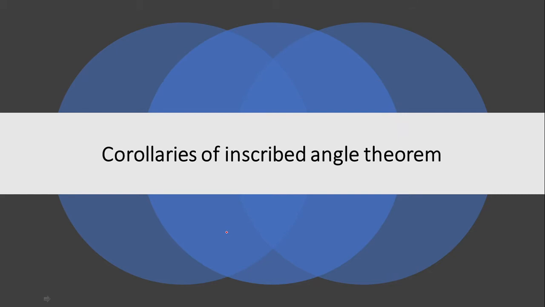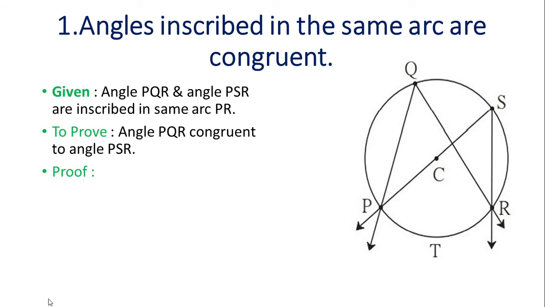Then let's see the corollaries related to the inscribed angle theorem. Corollaries means the extra properties related to the inscribed angle. Now let's see the first one. The angles inscribed in the same arc are congruent.